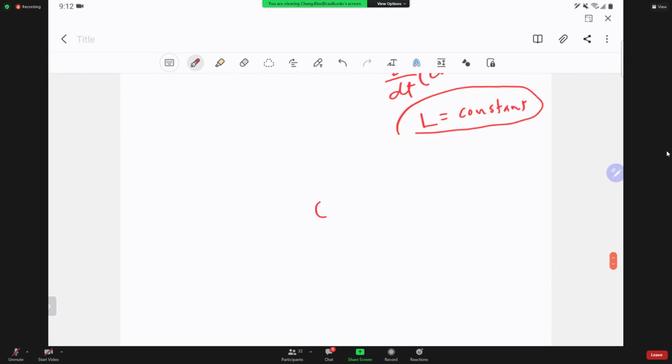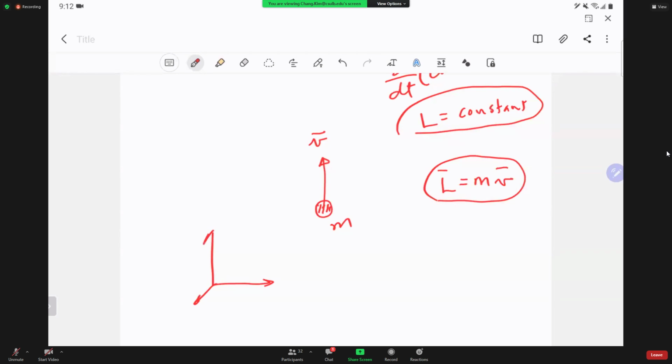So here is your mass moving somewhere with a velocity that creates your linear momentum. Now, at a certain point, you wanted to know where that mass is, and you wanted to find r times mass times velocity.